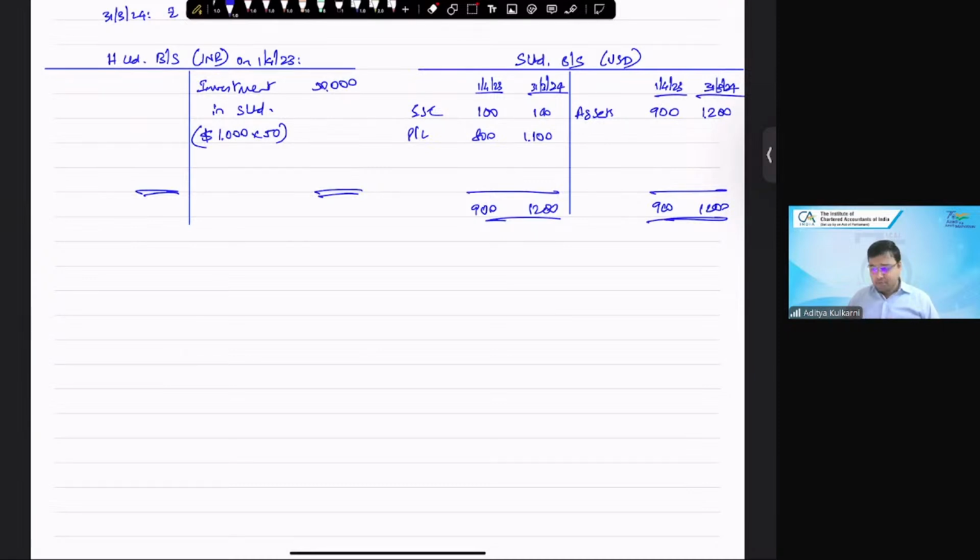All right. Now, if I have to consolidate S Limited's balance sheet, how will I do the consolidation? First of all, I have to convert USD into INR. Yes or no?